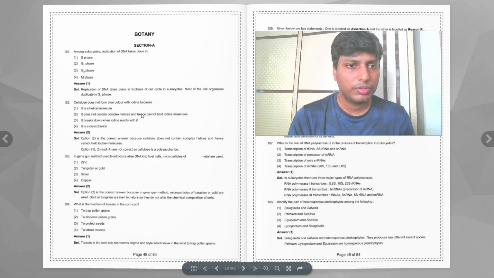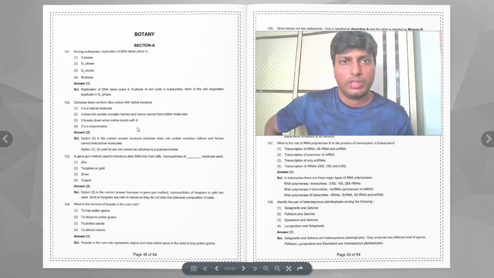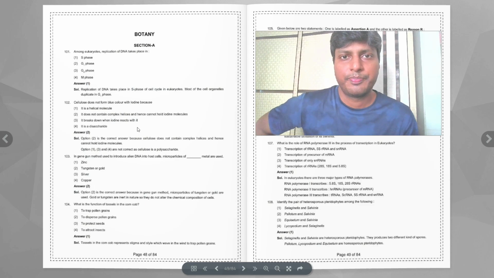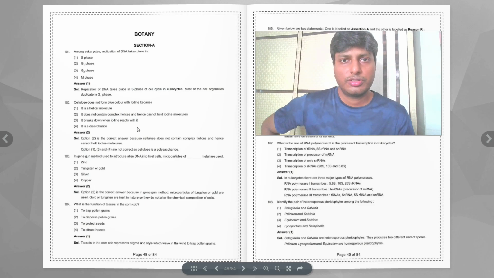Cellulose does not form blue color with iodine because. Option one, it is a helical molecule. Option two, it does not contain complex helices, hence cannot hold iodine molecules. Option three, it breaks down when iodine reacts with it, and option four, it is a disaccharide. Dear students, if you understand the starch experiment, in which green plants store reserve food in the form of starch, and starch is stained by iodine, it is used to detect the presence of starch in green plants.